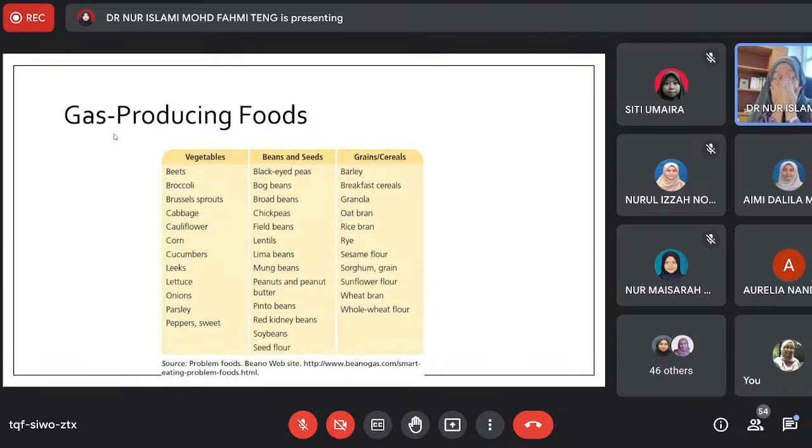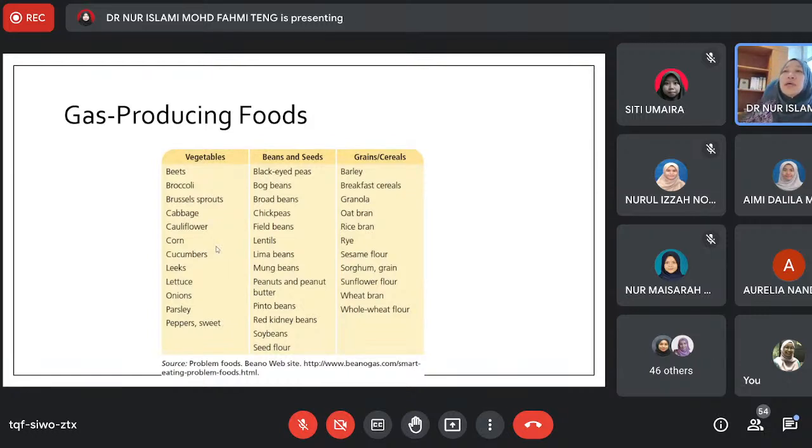This is gas producing food. Vegetables, beans, grain, cereal. So paling kerap kita tahu lah this kind of food it produce gas lah. Beet, broccoli, semuanya, cauliflower. Bukan je dalam makanan tu ada gas, tapi bila kita makan the bacteria it will produce a lot of gas lah when we consume this kind of food.